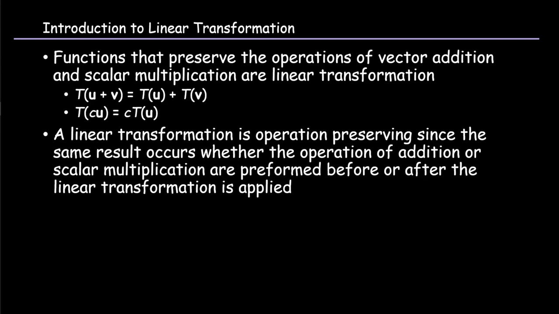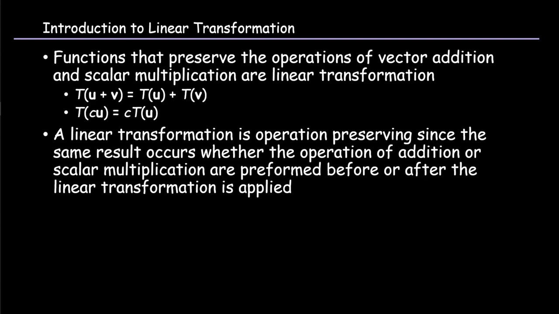So back to those two equations up here. For the first equation, on the left side we have the vector addition applied first, and then the linear transformation applied after. On the right side, we have the linear transformation applied first to each one, and then you add them together.